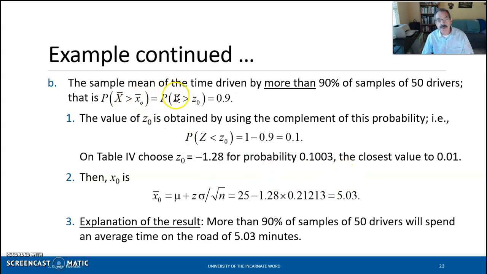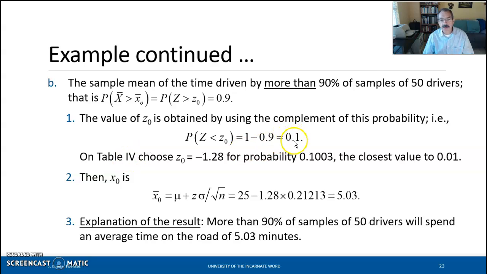Because this is larger than, and you remember that table 4 gives you probabilities to the left of the z-value, to find the z-value we're looking for and the corresponding x-value, we need to first use the complement of this probability. So the probability that z is less than some value c sub 0 is going to be 1 minus 0.9, which is 0.1. So we're using the complement.